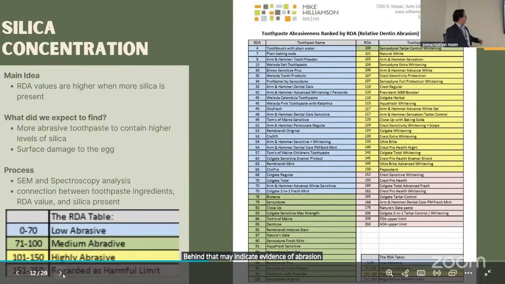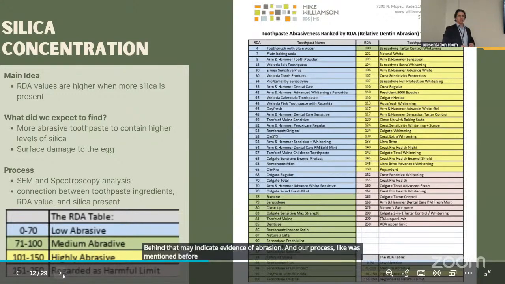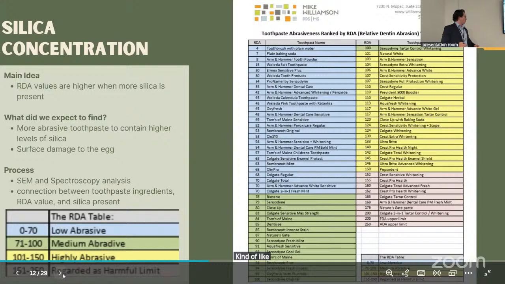In our process, like was mentioned before, we used the SEM and spectroscopy to capture very, very high def images, both of the egg, toothpaste, and of the elements that were on that as well. And we hope to connect toothpaste ingredients, RDA value, and silica present.